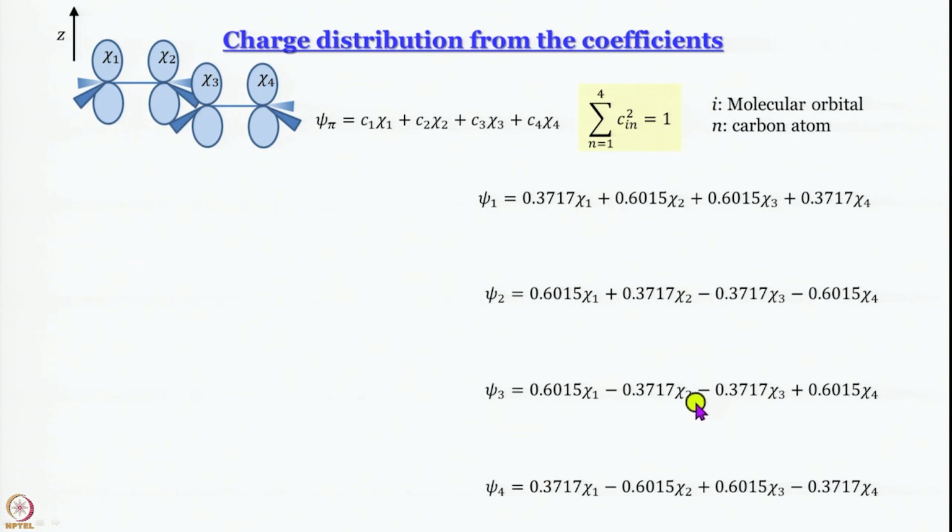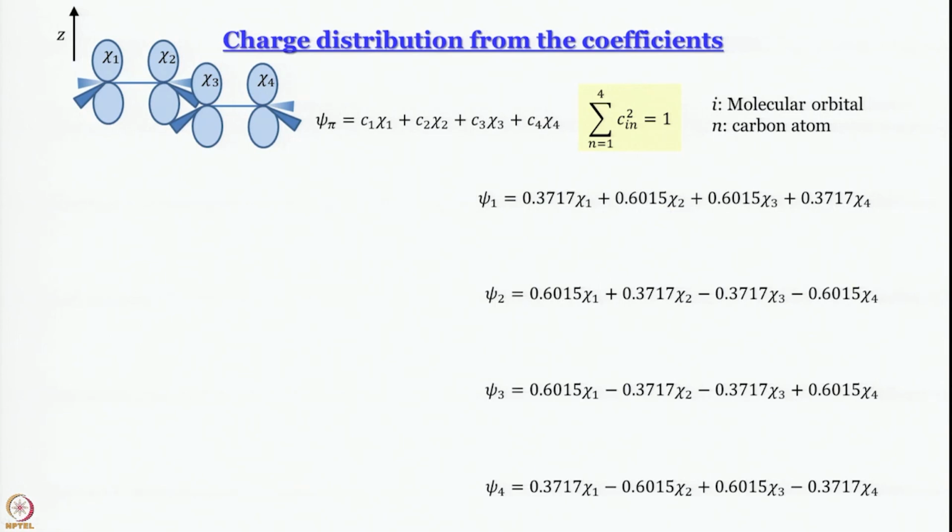So, it is C33. Let us take this one, that is better. Minus 0.6015 is the coefficient of molecular orbital number 4 in carbon atom number 2. So, it is going to be C42. Okay? I hope you have understood.